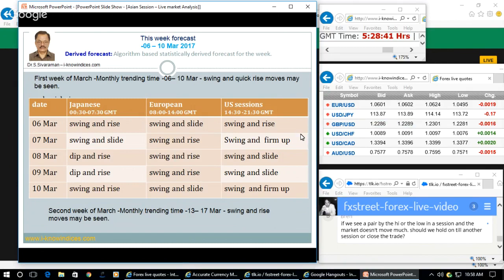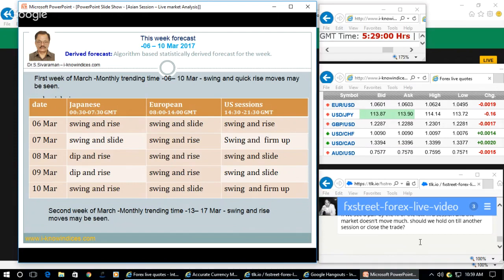So that is why I'm giving the forecast here, so that you will be able to take the appropriate decision whether you have to close the position within the session or within the day, or even hold it for a longer period. Hope that answers your question.